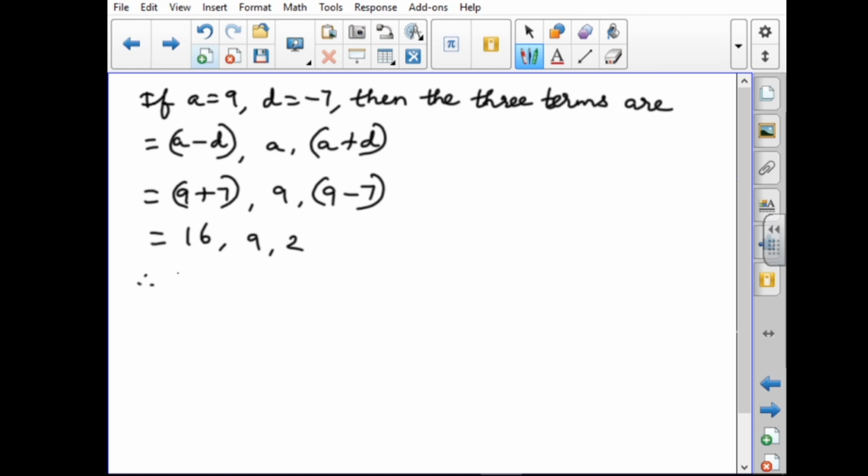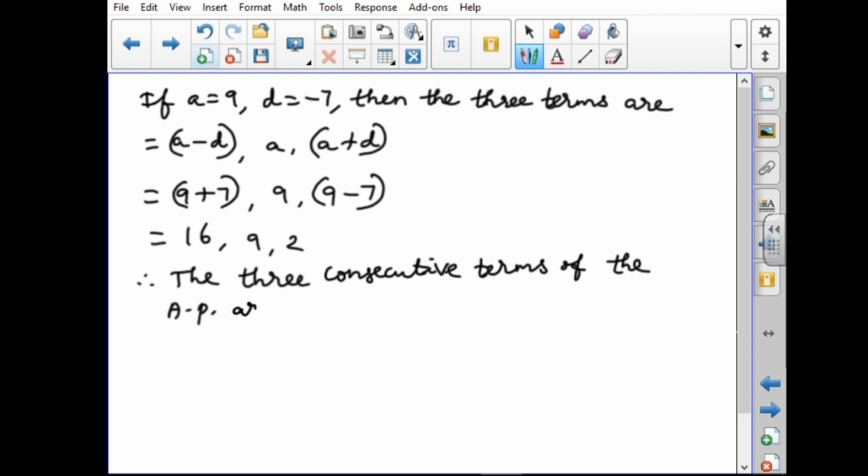Therefore, the three consecutive terms of the AP are 2, 9, 16.